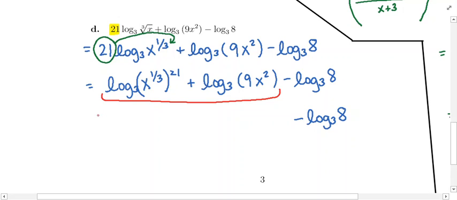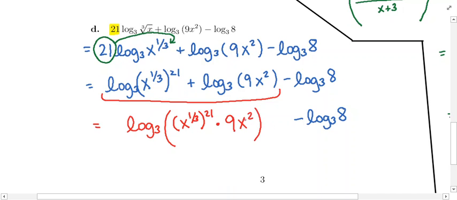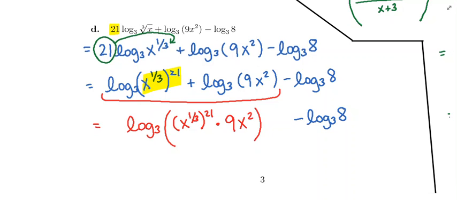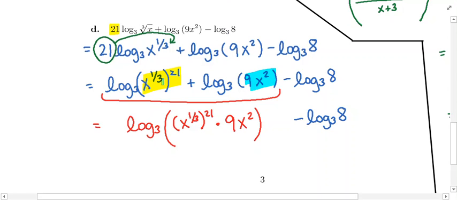So this is going to become log base 3 of x to the 1/3 raised to the 21st power times the other quantity, 9x squared. We took the logarithm of the first thing times the second thing. You just multiply the yellow quantity and the blue quantity together when you're combining them into one logarithm.